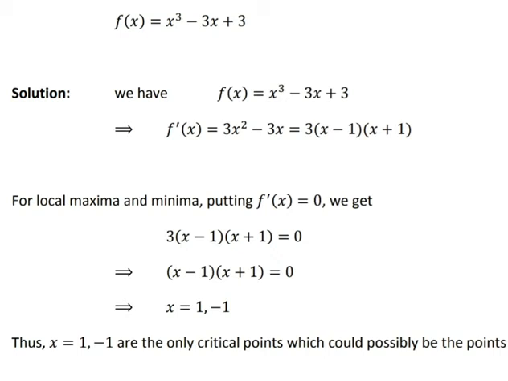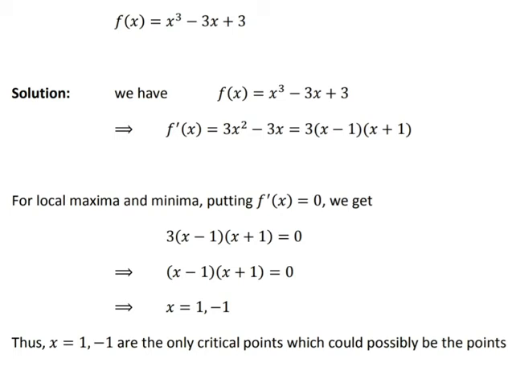So now if we equate f prime of x equal to 0, that means we are trying to find out those points on the graph where you have the maximum value and the minimum value. When we do that, we will be getting x is equal to 1 or x is equal to minus 1.